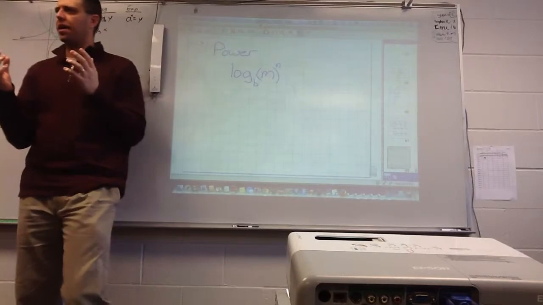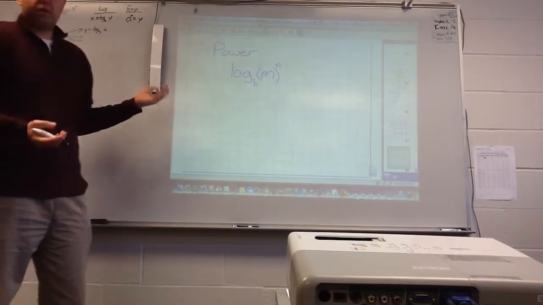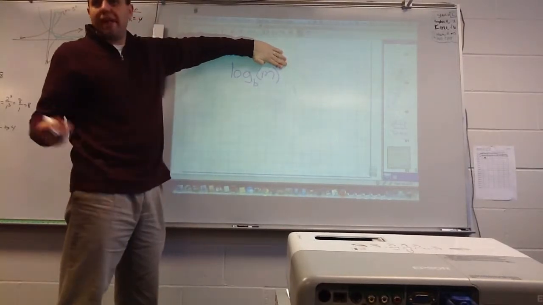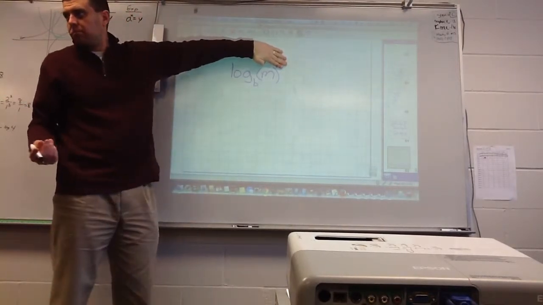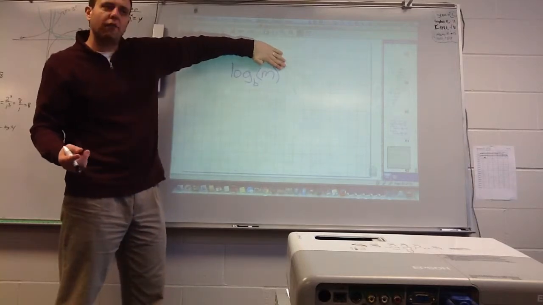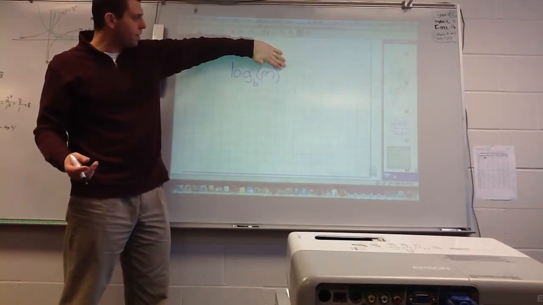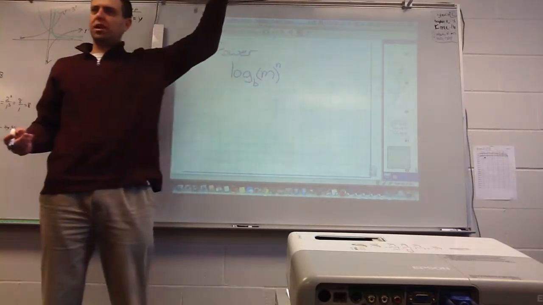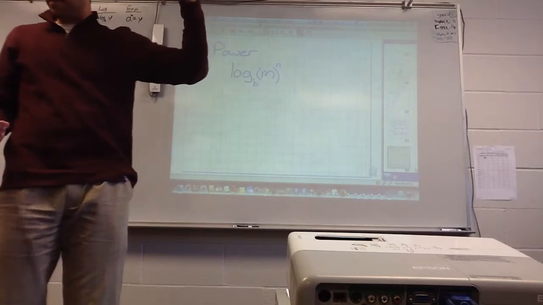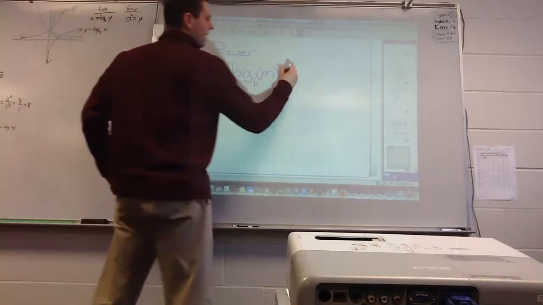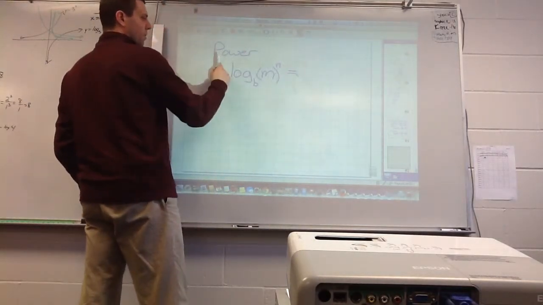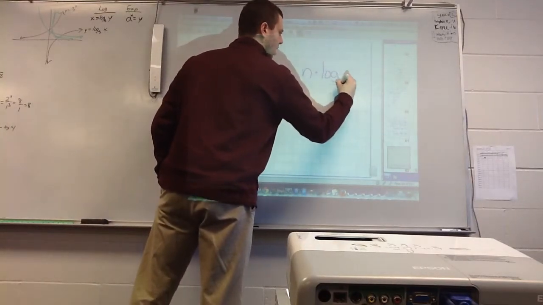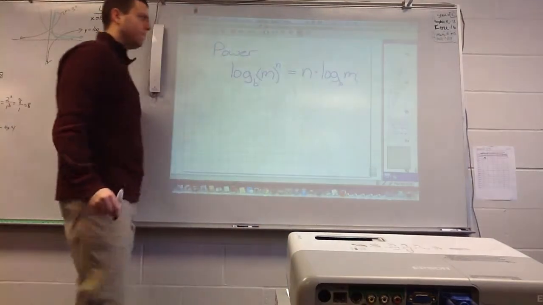You multiply those exponents together. Well, here's what we have. Log to the base b of m, that's an exponent, right? Logarithms are exponents, so this by itself is an exponent. Well, we have an exponent raised to another exponent. And when you have an exponent raised to another exponent, you multiply those exponents together. So a lot of times what we'll do is we'll just bring this exponent out to the front and multiply. So we'll say n times log to the base b of m.